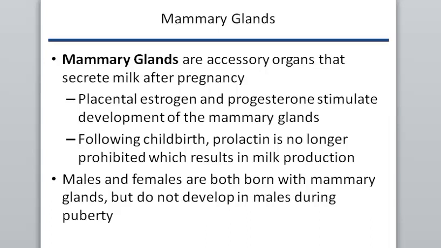And another really cool thing that makes the female reproductive system even more unique is that there's the stimulation of the development of the mammary glands, but also after childbirth, those mammary glands really get activated. After childbirth, prolactin, which is a protein that prohibits milk production, is no longer prohibited.